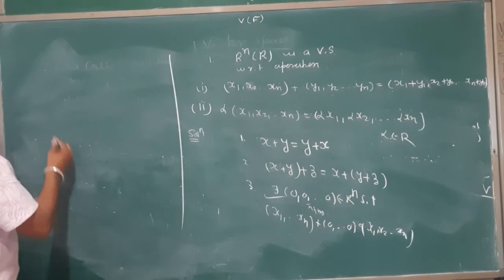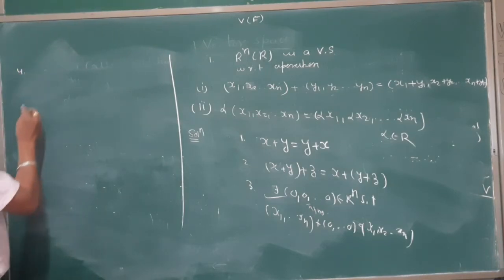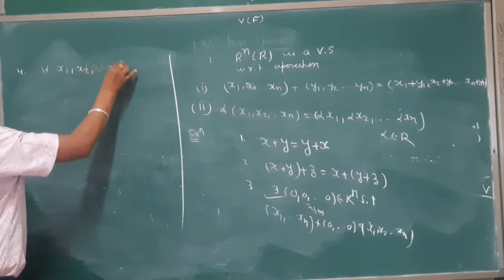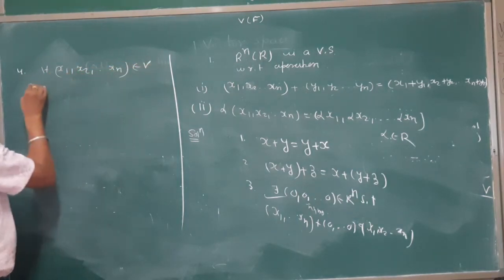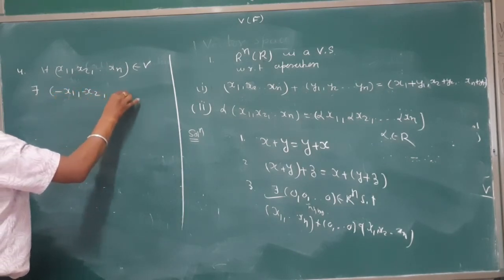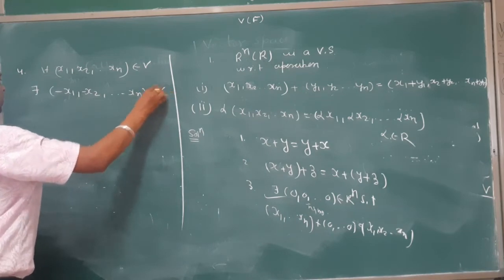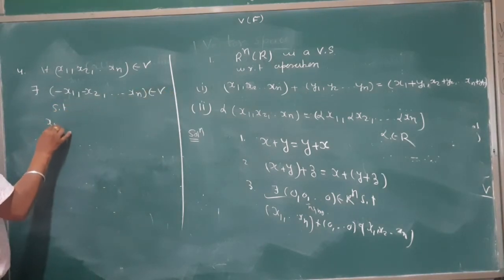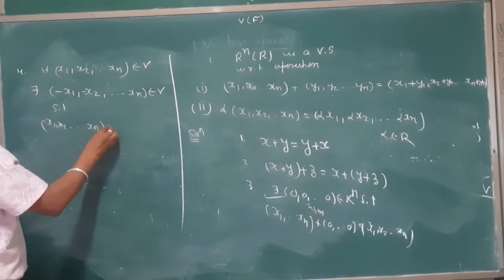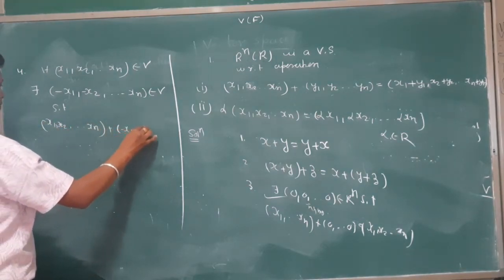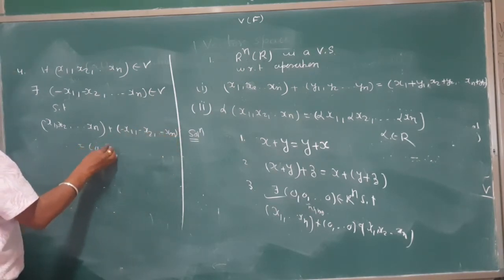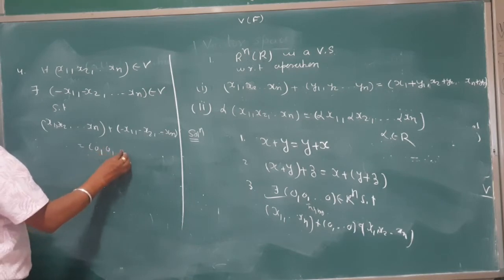Now for inverse, fourth: for every (x1, x2, ..., xn) belongs to V, there exists (-x1, -x2, ..., -xn) belongs to V such that when you add them, what is the value? (0, 0, ..., 0).